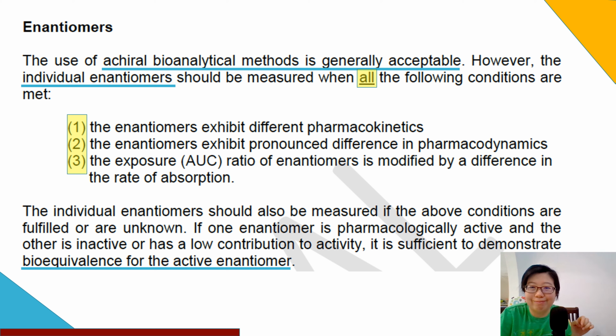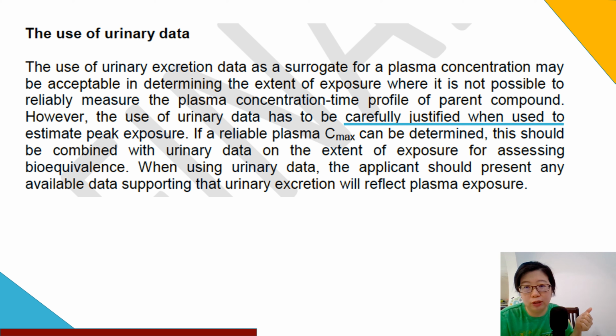A little bit more information on the urinary data that was mentioned earlier on. You just have to be very carefully justified. That's thing number one, because remember, there are a lot of better options that you can use, including the measurement of the parent. If it doesn't work, you measure the metabolite and so on and so forth. And you can use different types of machines to measure what you need.